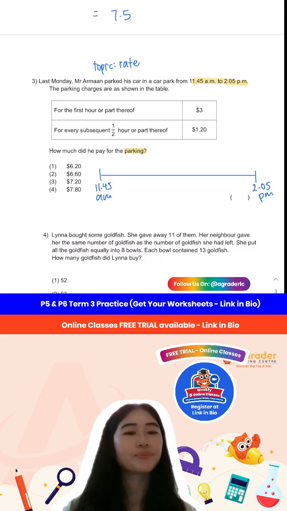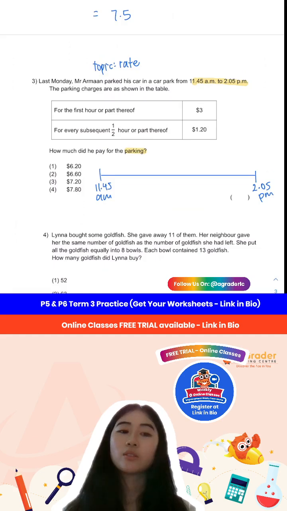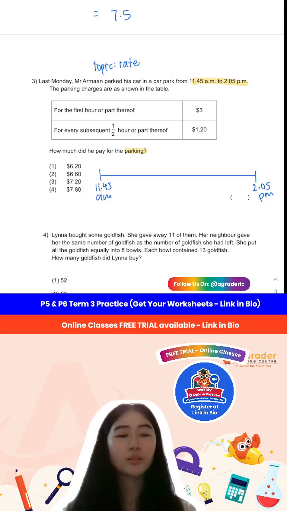Anyone else? Okay, Asher, QS Tan, same answer. Wong's, your answer is option 2. Octopus, you're doing the worksheet on the spot, is it? The questions on the spot? That's okay, that's fine.